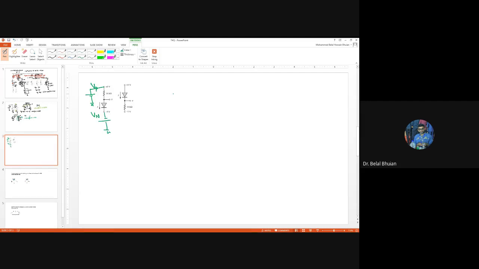At the same time we completed our circuit. Also we do Vp minus Vn. So 5 minus minus 5 is 10, greater than 0.7. So that means diode is on.